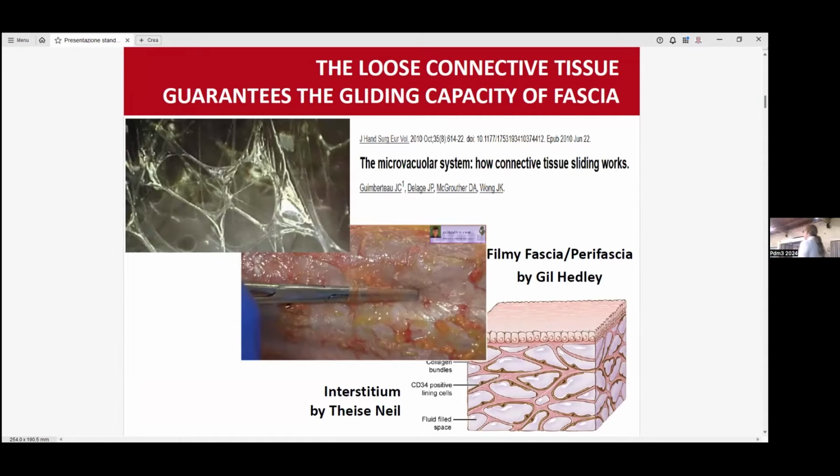So we need both components to have a good fascial system: a very well organized fibrotic component, and a good gliding to allow the shearing motility.